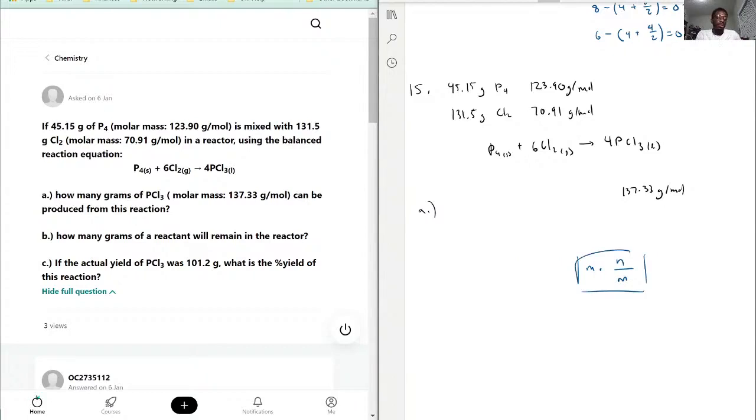So it's going to be 45.15 divided by 123.90. So we have 0.364 moles. Okay, and the same thing for the other one, 131.5 divided by 70.91. We have 1.854 moles.